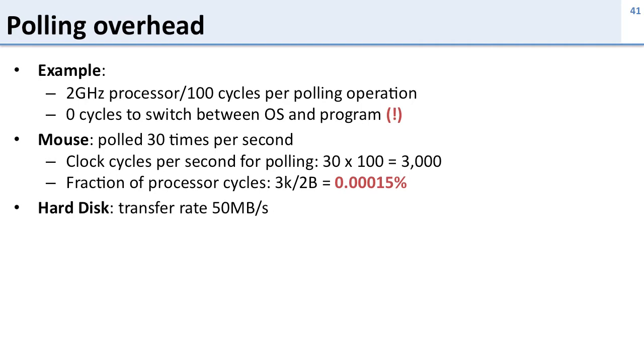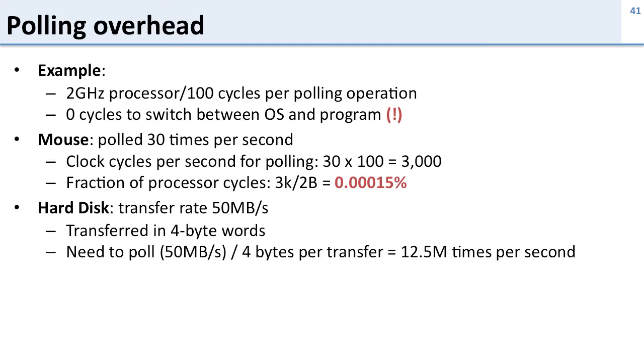Let's take a look at another example, a hard disk with a transfer rate of 50 megabytes per second. As we saw in earlier parts of this lecture, 50 megabytes per second is on the low end for a hard disk these days. If we're going to transfer this in 4-byte words, we need to poll 50 megabytes per second in 4-byte transfers. That's 12.5 million transfers per second, so that's going to be 12.5 million pollings per second.